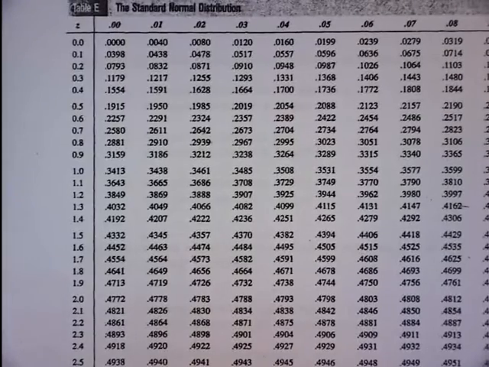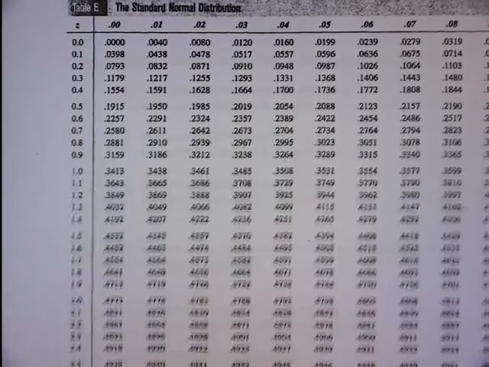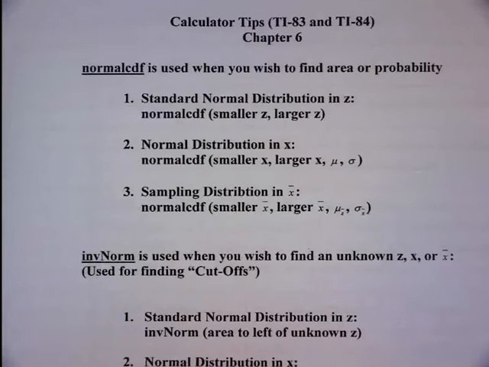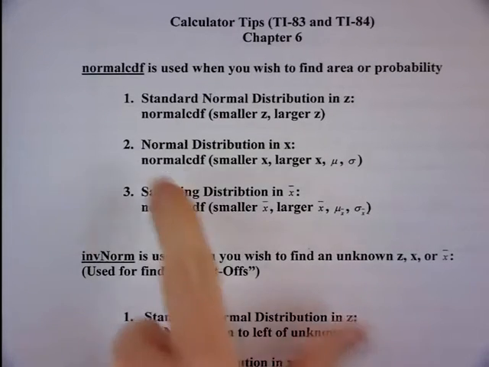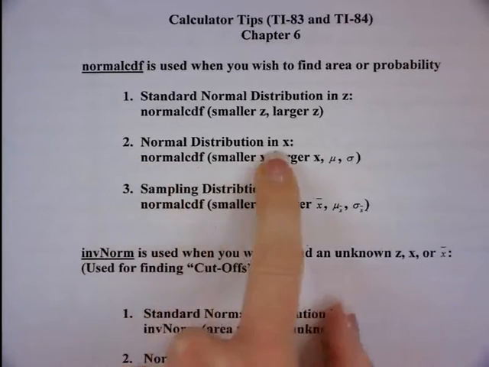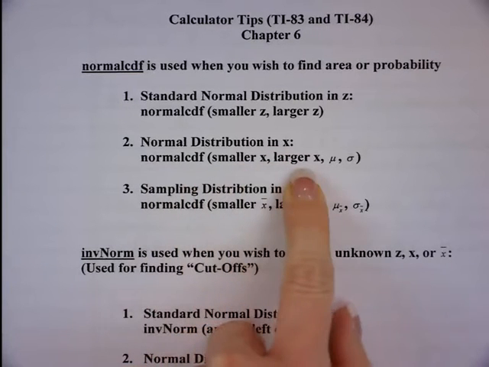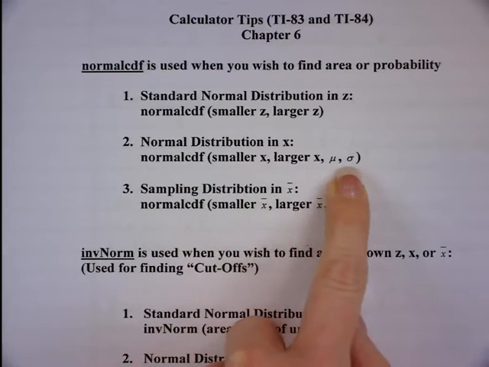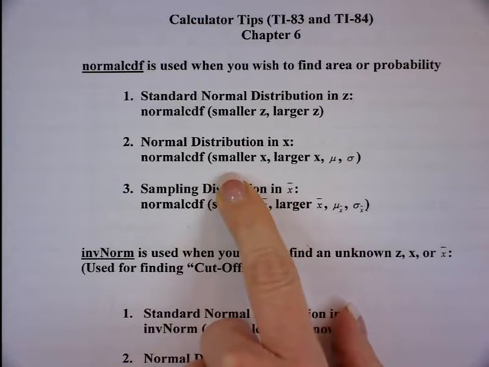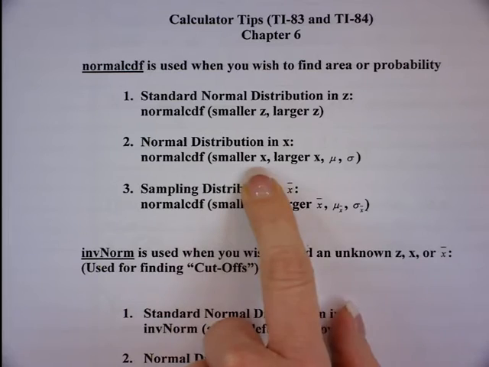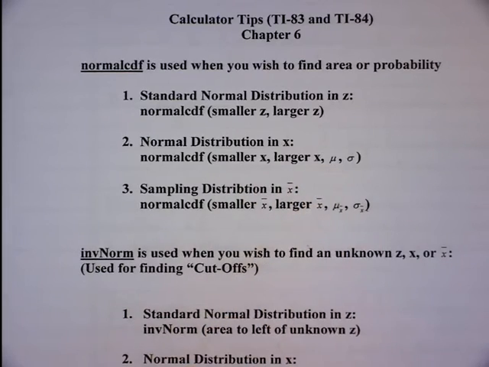This is the one-page z-table, which we will not use today with the video. Again, I remind you of the calculator tips. We will be here, normal distribution in variable x, normal CDF, smaller x, larger x, the mean, and the standard deviation of the population. This is if you want to find probability, if they give you x and you're finding area or probability.